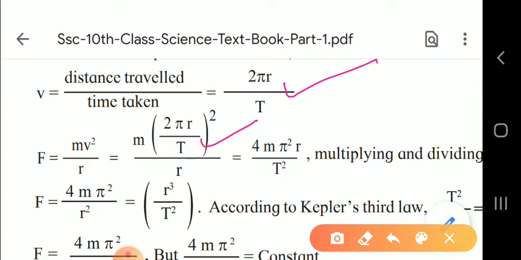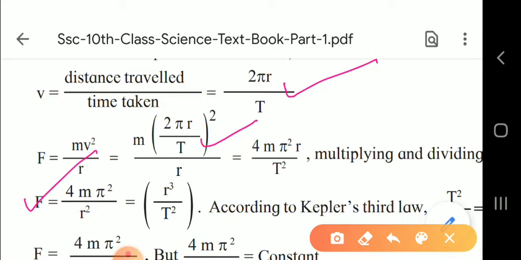Because here we will multiply the numerator and denominator by r square, that is why we will get 4m pi square r upon T square. So now F will be equal to 4m pi square upon r square, because here r cube upon T square, according to Kepler's law, T square upon r cube is equal to a constant.